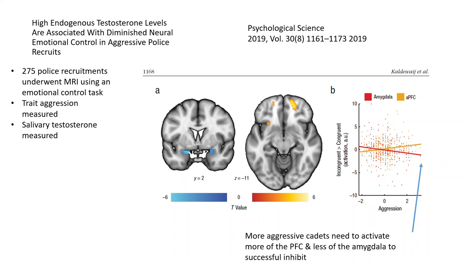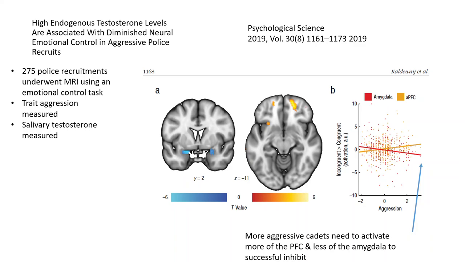And their argument is these are people in the scanner, and they're told they're doing this task where they have to inhibit their aggression. And so they've got to try really hard to do it. They're recruiting more of the PFC and trying to turn off the amygdala.